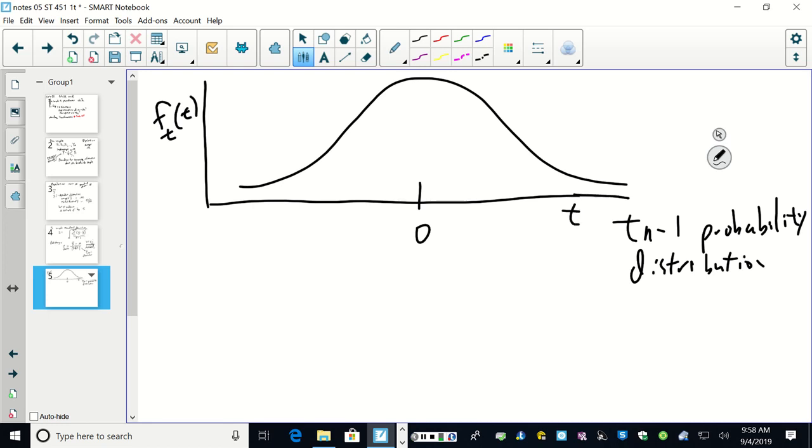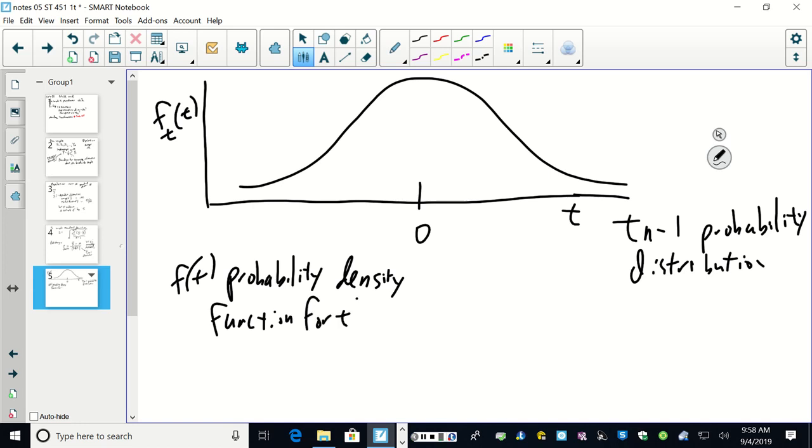And so it has a certain height. This f of t is the probability density function for the t n minus 1 distribution.